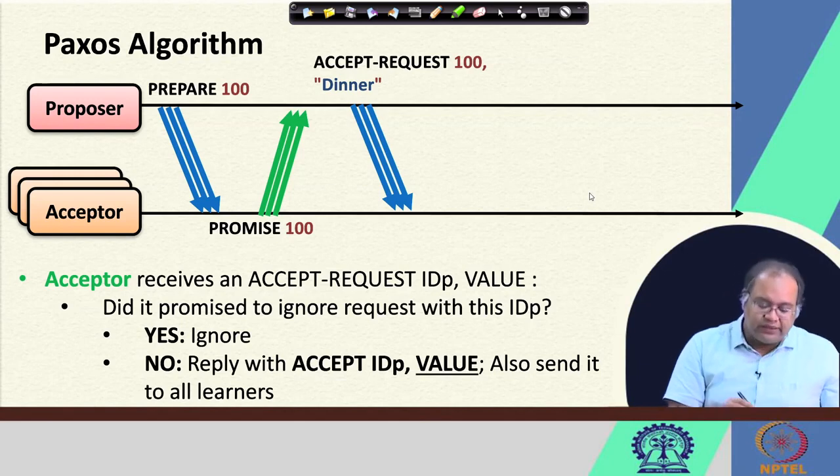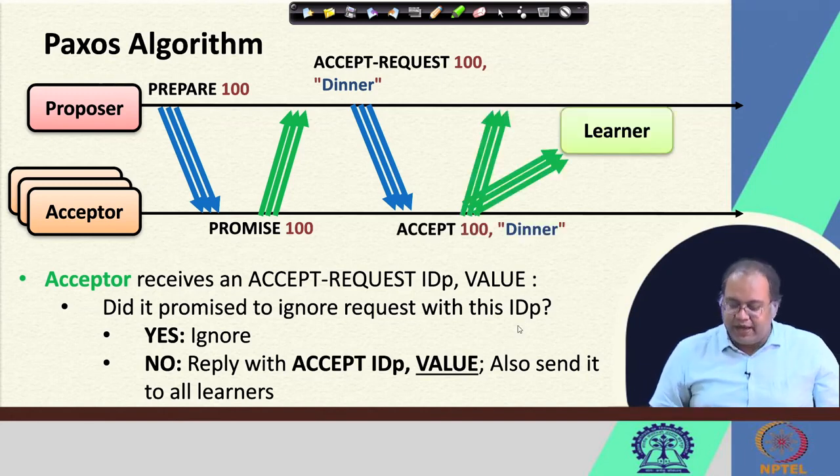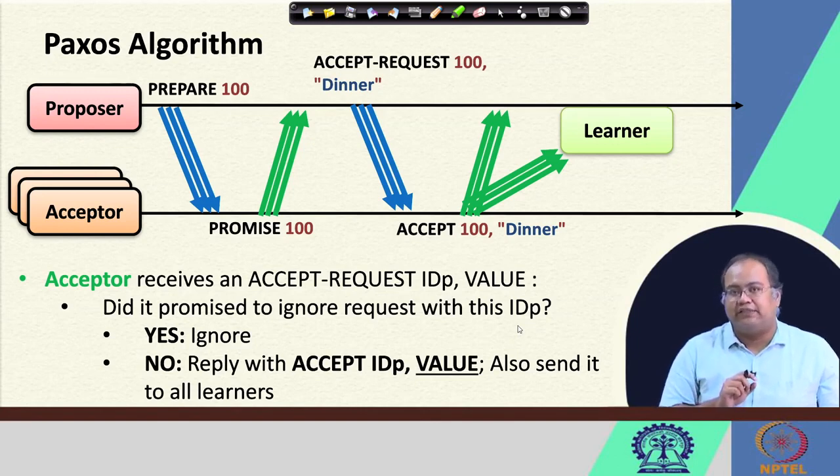Well, otherwise they are going to reply with an accept message with the corresponding ID and the value, and this information is also sent to all the learners. So, what is happening here? The accept message is being propagated from the acceptors to the proposer, and the learners are also getting that accept message.